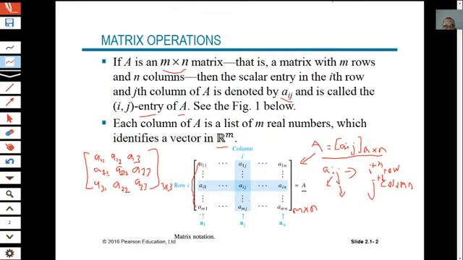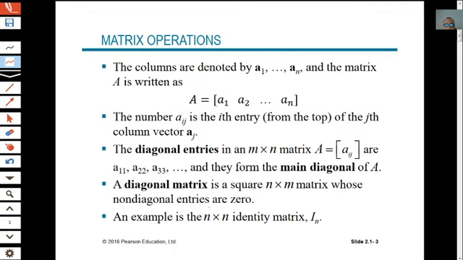Therefore, every column corresponds to a vector denoted by bold A1, Aj, An.